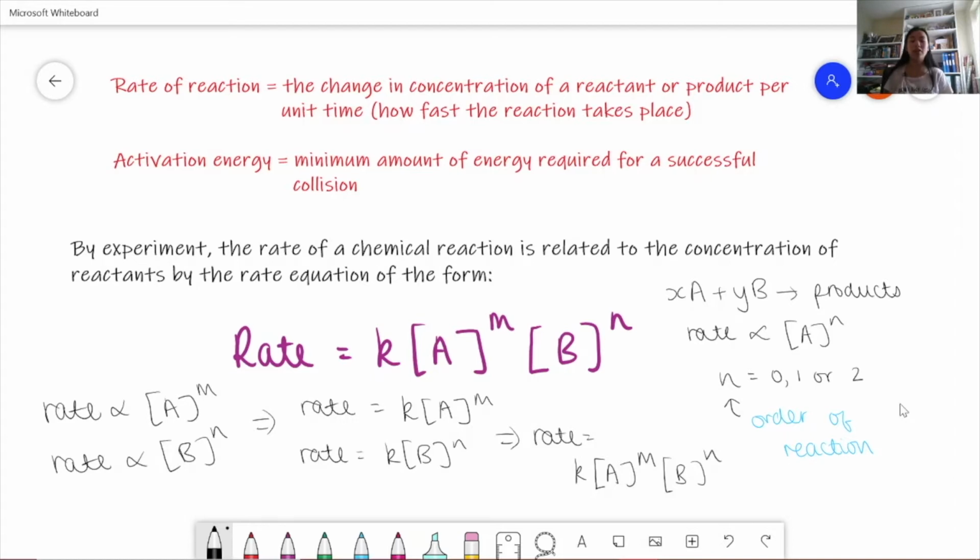So we'll actually come to find that k increases when the temperature increases. And the units of k depend on the order of the reaction. The overall order of reaction we would work out by adding up all the orders of reactions. So the overall order of reaction would be equal to m plus n.